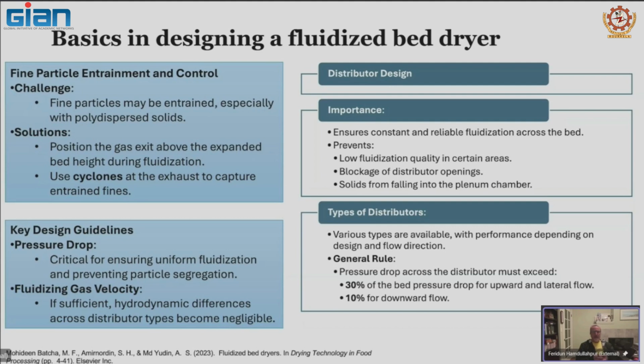Second thing, you may want to collect those because it's money. You may not be able to sell those at the same price as the intact ones, but you may still sell them at a discount. So you don't want to throw your money out. And you use, as I said, cyclones or other means to capture these fine particles.